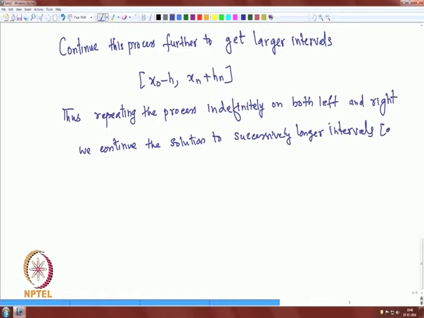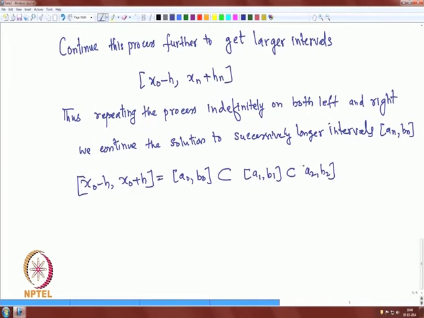So, if I call those intervals a n and b n, where x 0 minus h, x 0 plus h is the one which we started with, which we denote by a 0 b 0, and the newer one a 1 b 1 continued on both sides, a 1 b 1 is a subset of the next one a 2 b 2, and so on to a n b n.